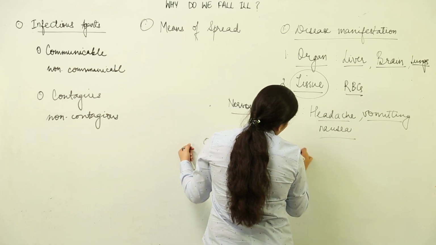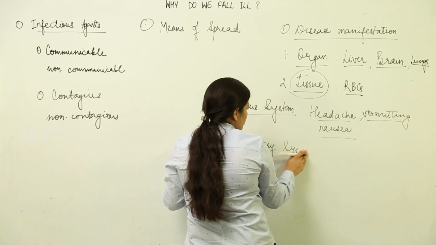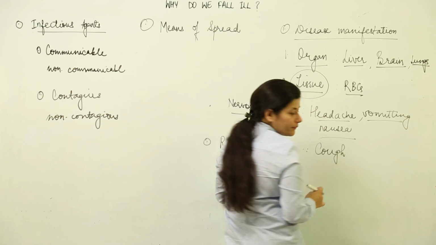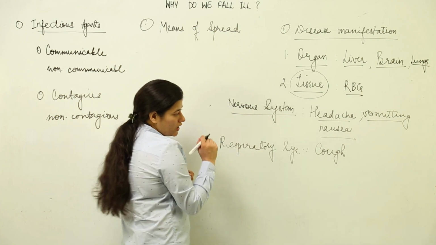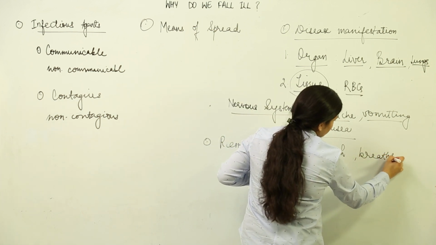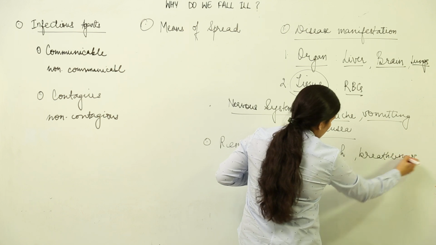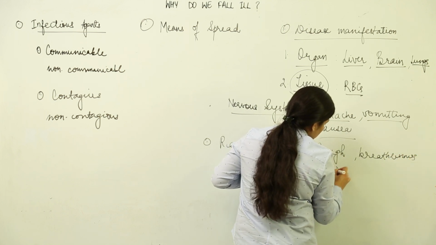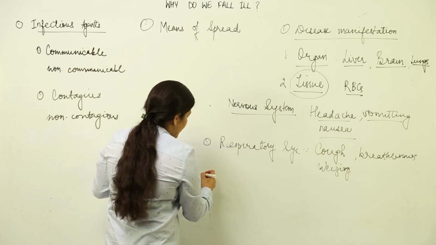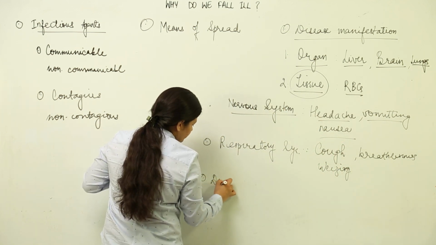What would be the symptom? The symptom would be cough. Otherwise it would be breathlessness, heavy breathing, wheezing, as you see in the cold condition. What if the digestive system is infected?